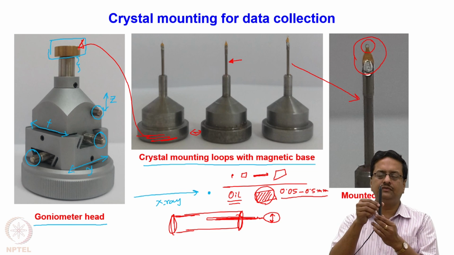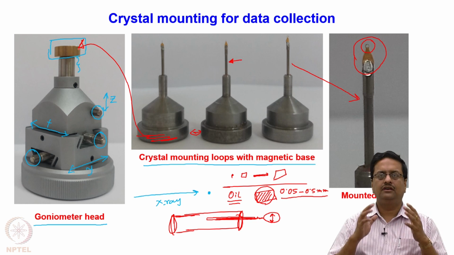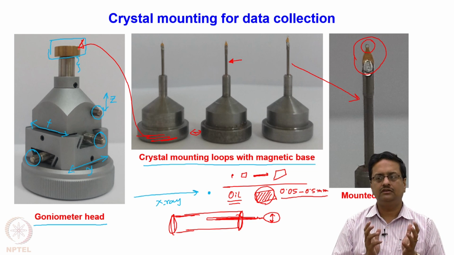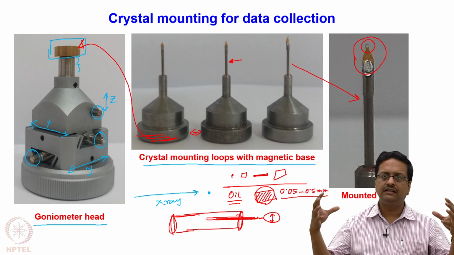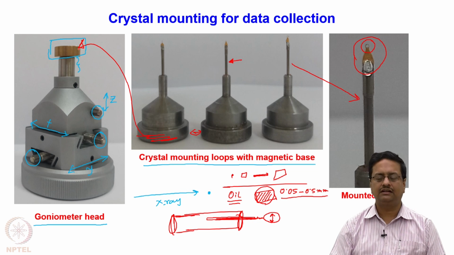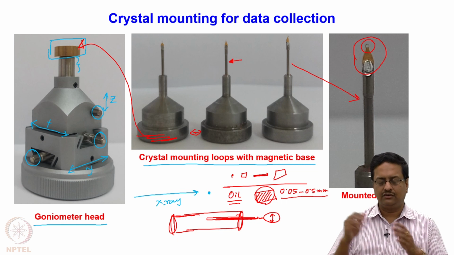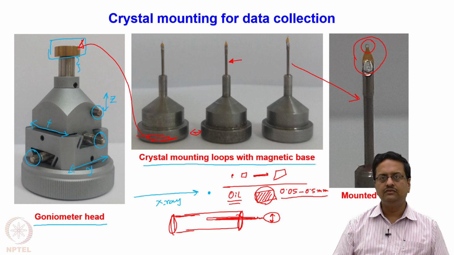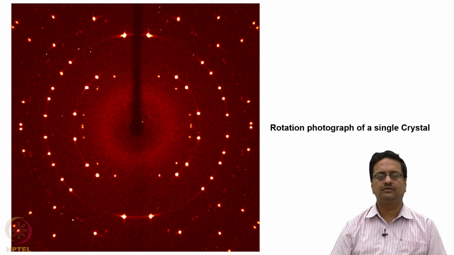So what we do is we rotate the crystal about 360 degrees, about phi, by keeping the X-ray on for about 1 minute or 2 minutes, depending on the size of the crystal, and we keep on recording what all is getting diffracted from that particular crystal. So, this image that is recorded using a two-dimensional detector is called the rotation photograph.